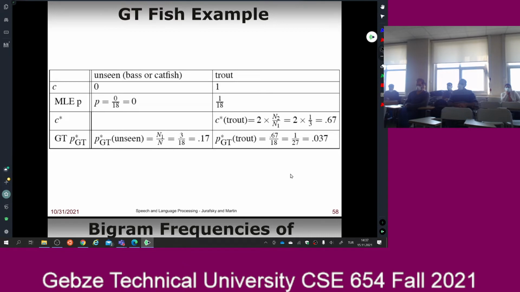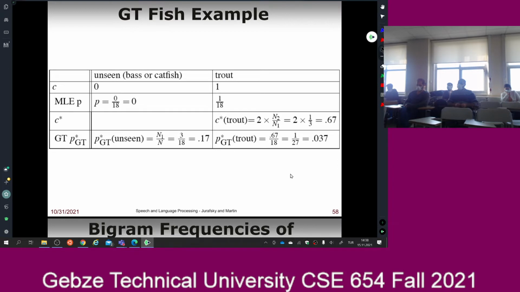Okay. For the trout, I caught it only once previously. And maximum likelihood estimation says that you have a chance of 1 over 18 of catching a trout again. But C star says that no, you did not catch it once, you catch it 0.67 times.